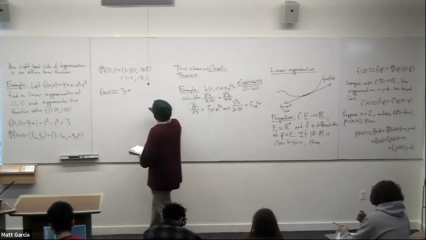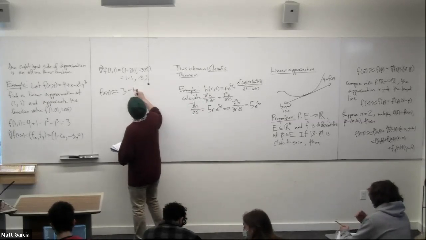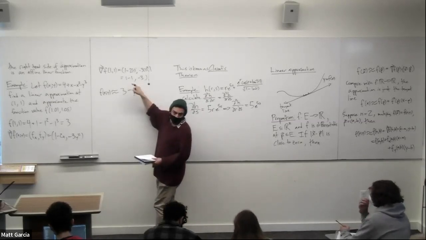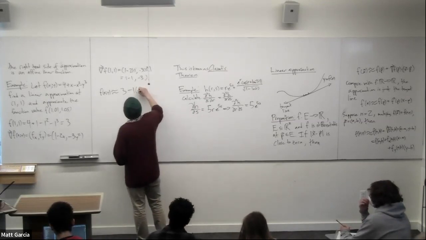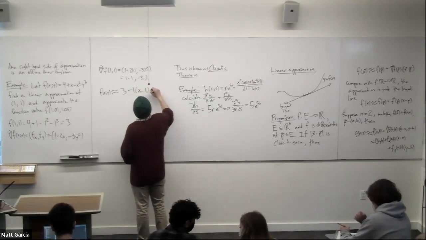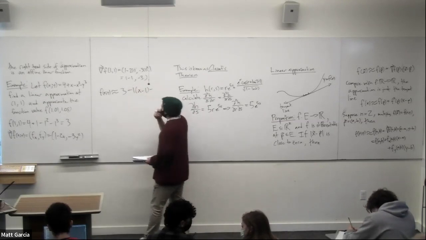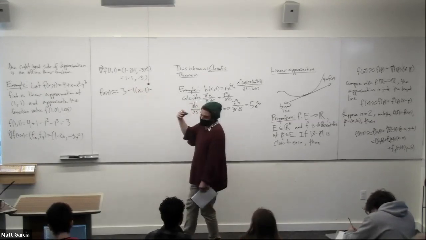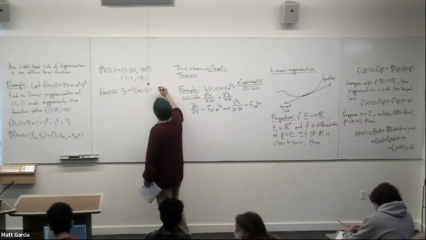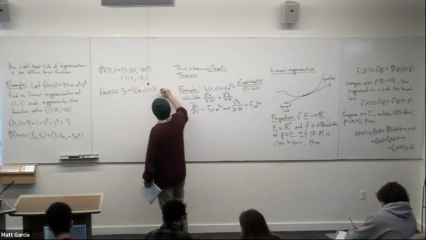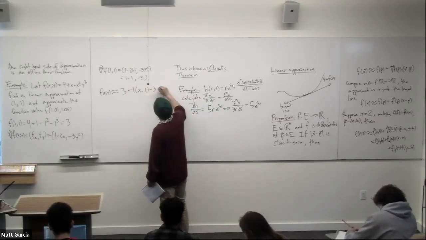So this is actually a negative 1, right? The first component of our gradient, times x minus 1, minus, the partial derivative of f with respect to y evaluated at 1 comma 1 is negative 3, we calculated the second component here, times y minus 1.